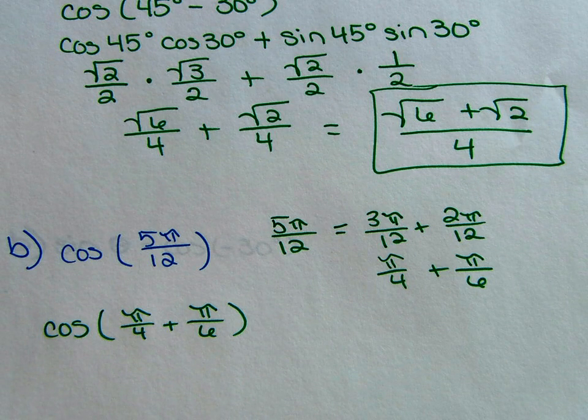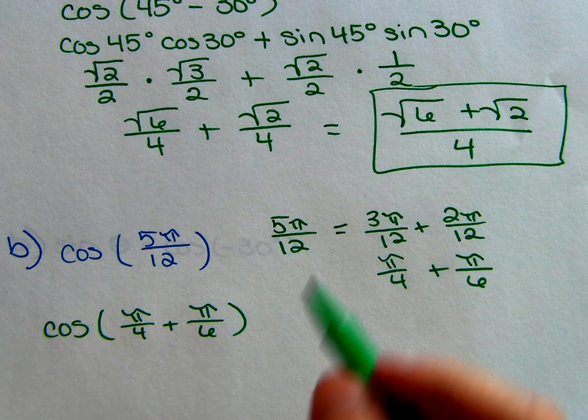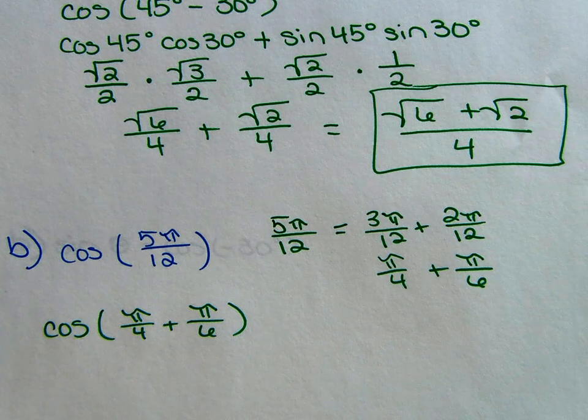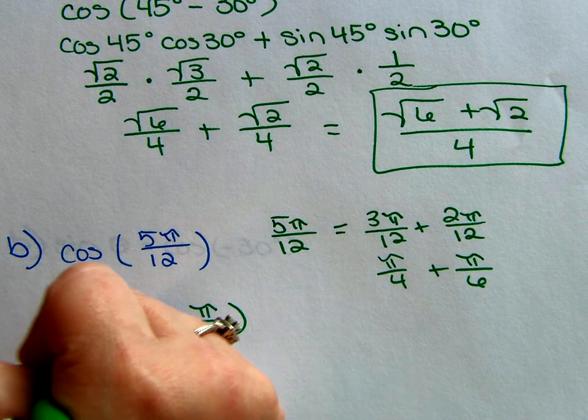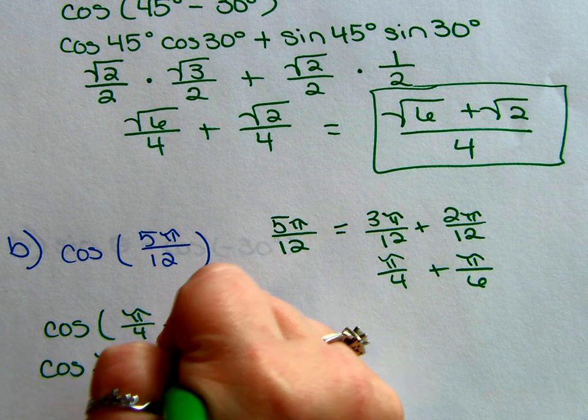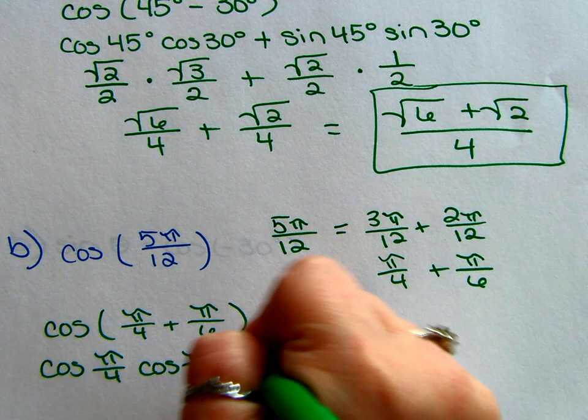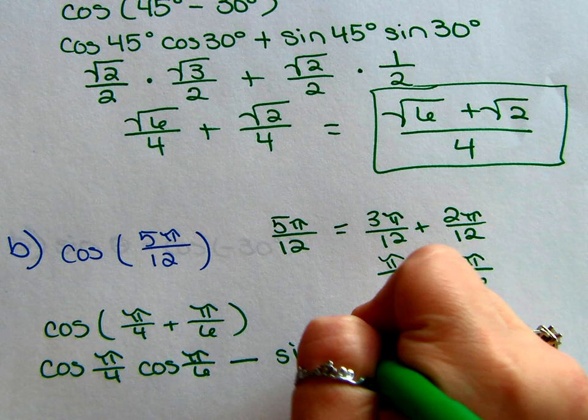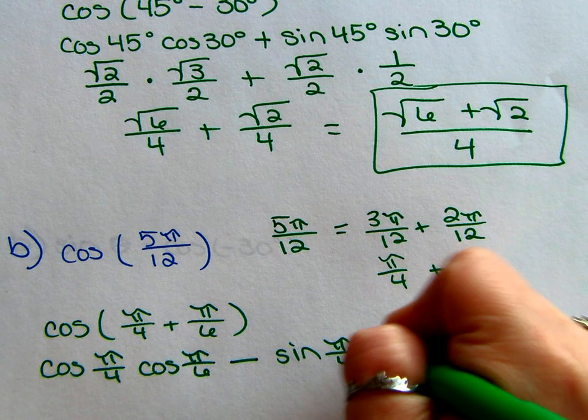And then I have a cosine of a sum. Cosine of sums is where we have basically what we had up here, but we have a minus in between. To where I will have cosine of pi over 4, cosine of pi over 6, minus sine of pi over 4, sine of pi over 6.